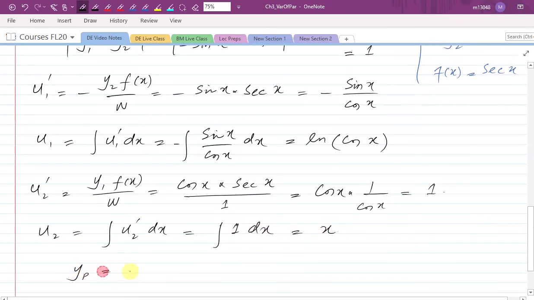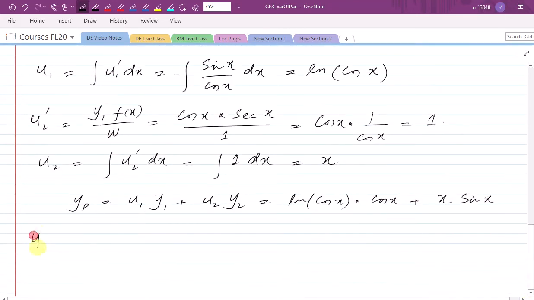That completes our yp, u1 y1 plus u2 y2, which is log of cos x, our u1, multiplied with y1, which is cos x, plus u2, which is x, multiplied with y2, which is sin x.